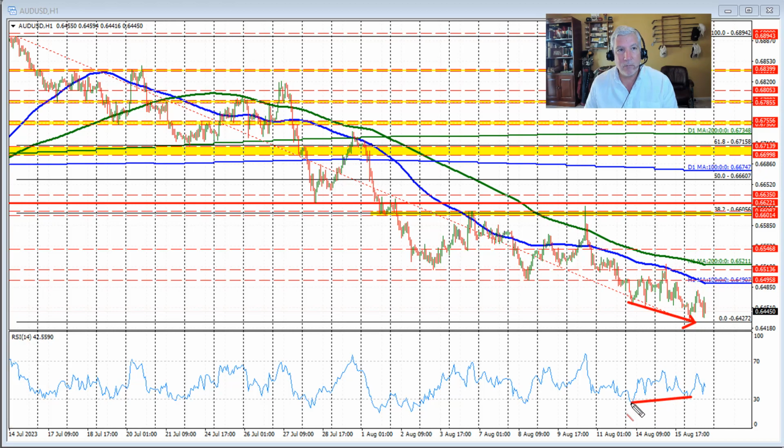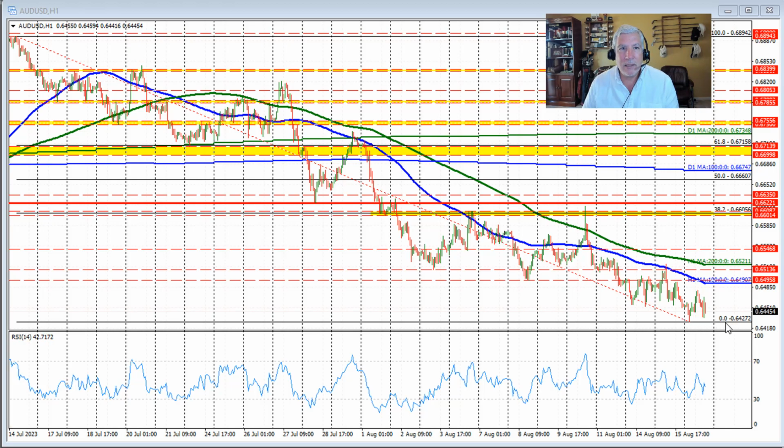The RSI moved to an oversold condition here and then came down to the 30 level, which is sort of the oversold level. On the last move to the downside, we did find support against the earlier low for the day. So perhaps there is a reason to take a dip mentality here in this currency pair.